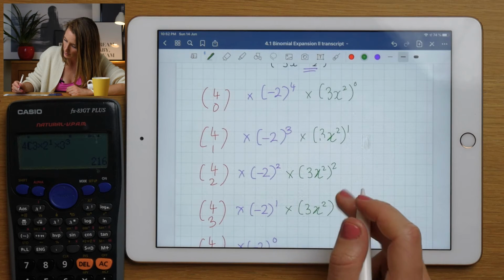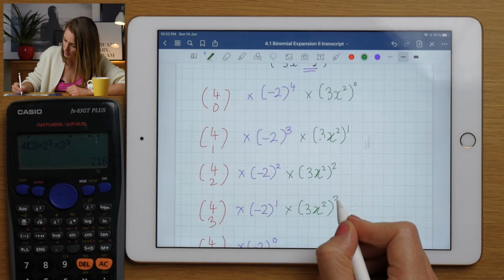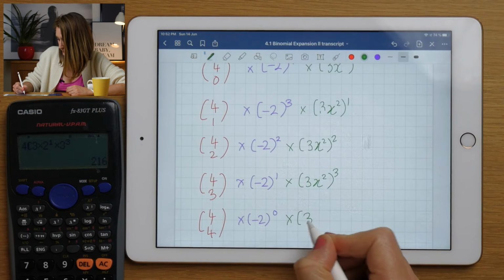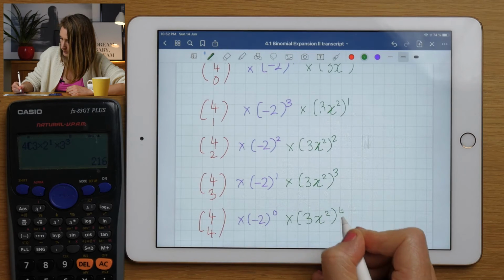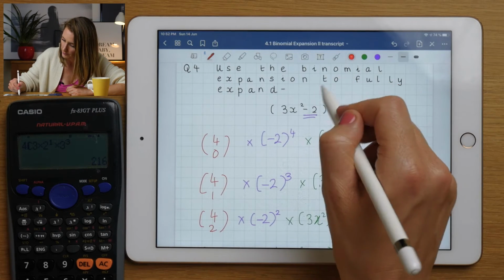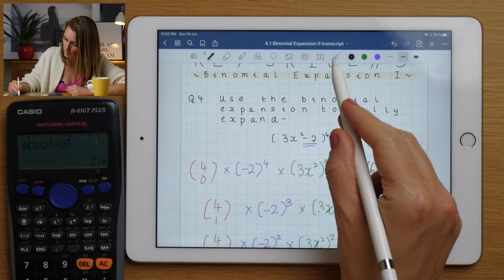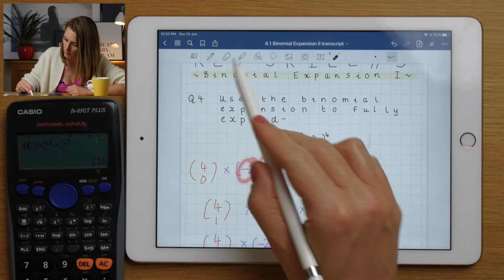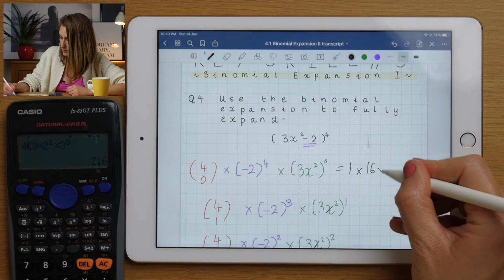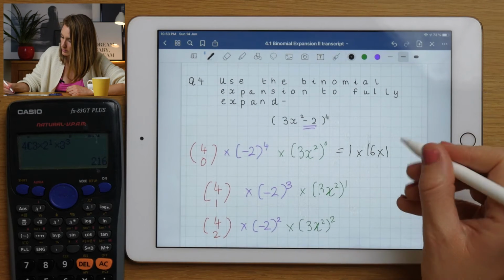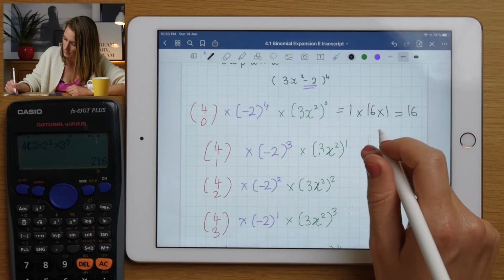So 3x squared power, so where are we? We're at 3. So we're going to be a little bit careful here. This is going to be 1 times plus 16, because remember we've got a negative number and an even power. And here we've got a power 0, so that would be times 1. So 1 times 16 times 1 will be 16.